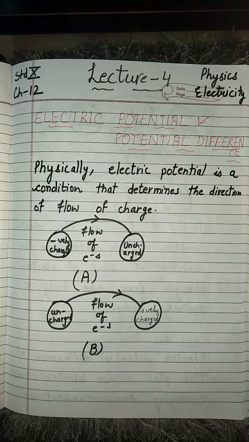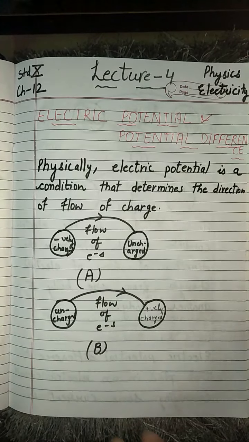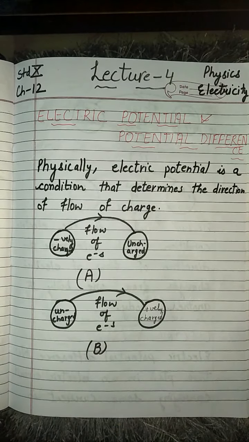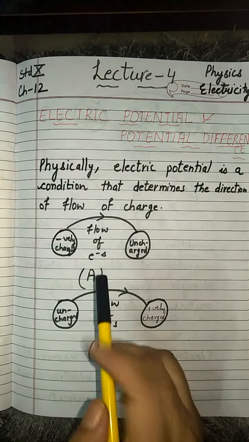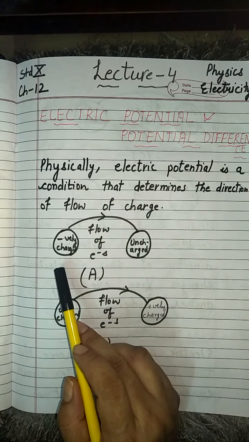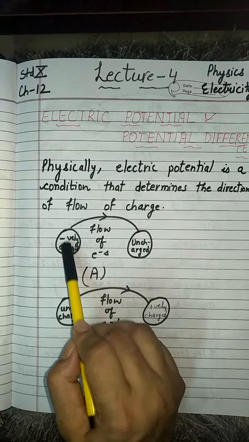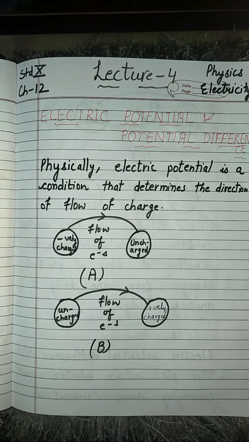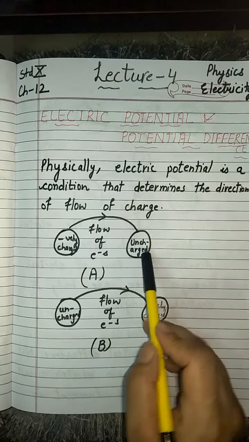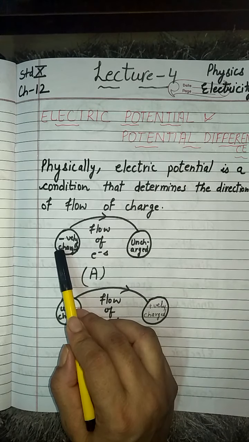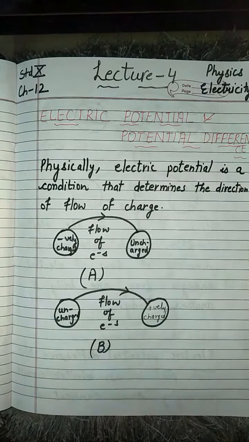ठीक. Now we have plotted four figures, and flow of excess electrons will take place. How will it take place? See, from a negatively charged conductor to an uncharged conductor. This is the uncharged conductor, and from the negatively charged conductor it will flow to the uncharged conductor.